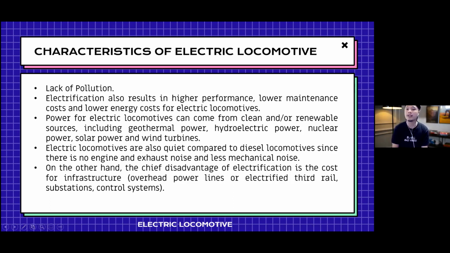On the other hand, the chief disadvantage of electrification is the cost of infrastructure. The main disadvantage of electrification is the construction and maintenance of overhead power lines or electrified third rail, the substations, and the control system. So to further discuss what is electric locomotive, here is Sibog to explain the alternating current.